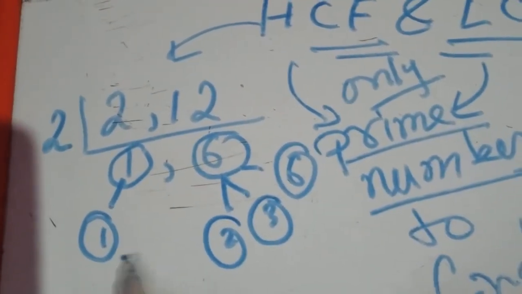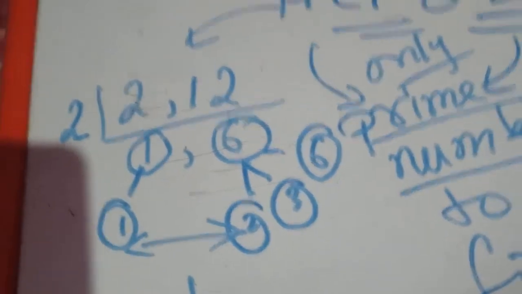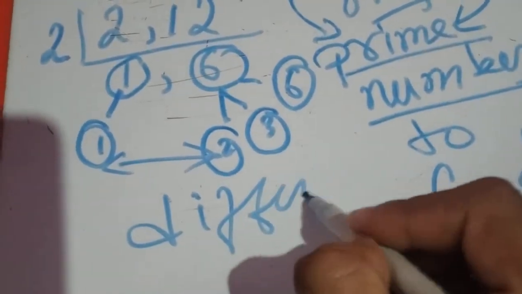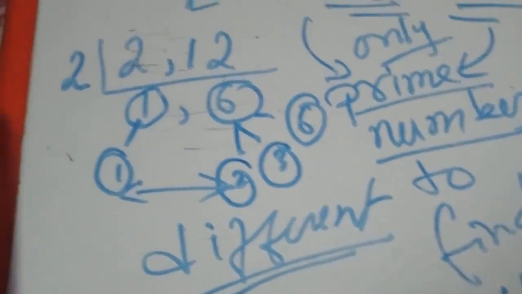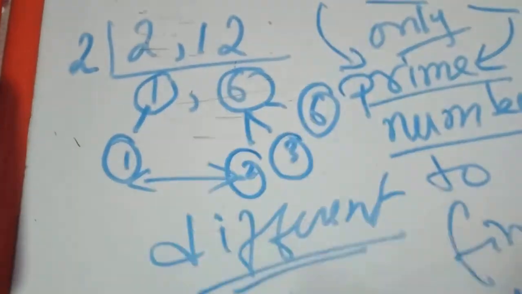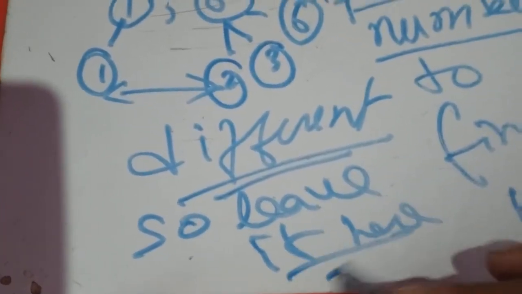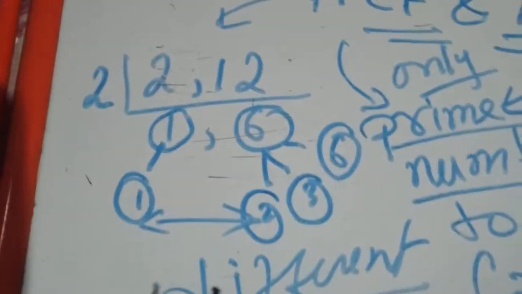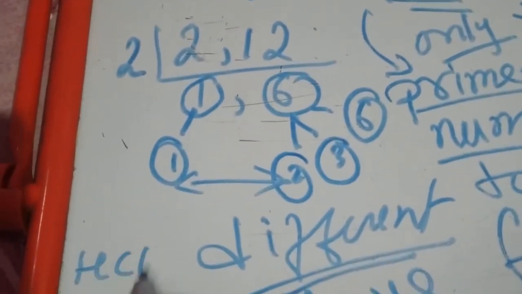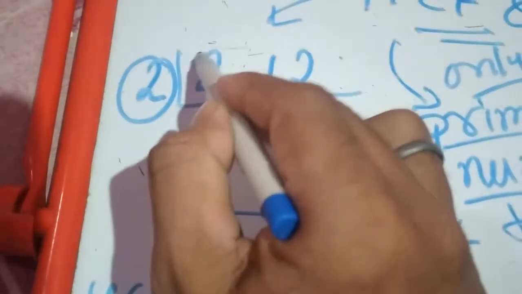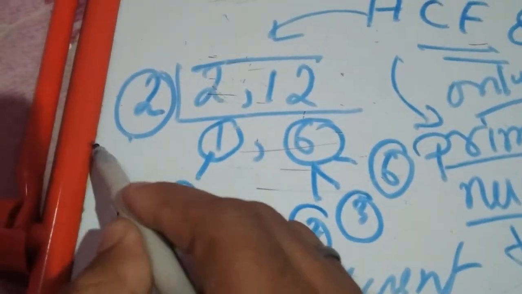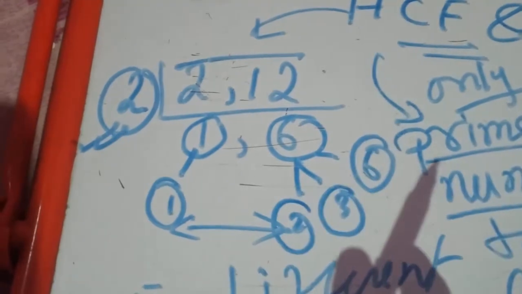So both are different, they cannot be divisible by the same number. So we leave it here, and we take the common number 2, which divided these two numbers, as our HCF, and we leave the rest. So we find the HCF as 2.